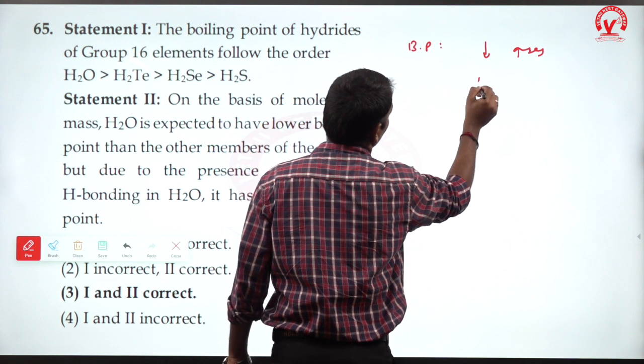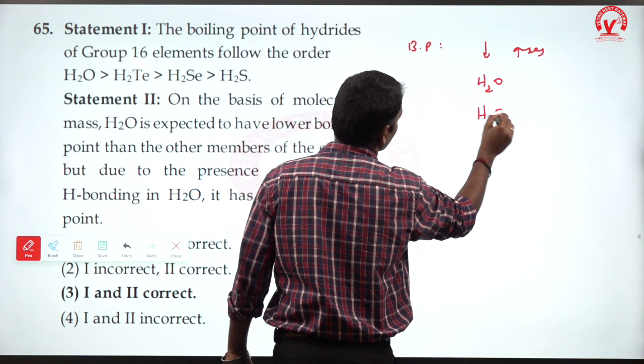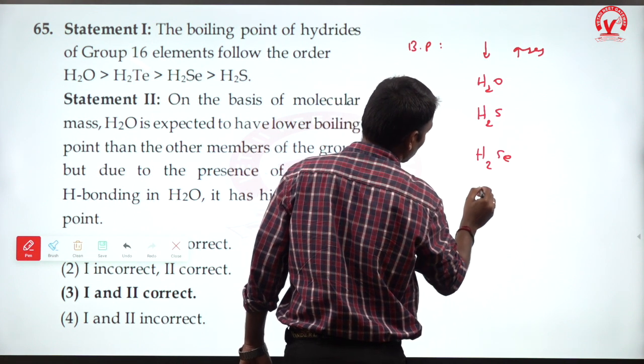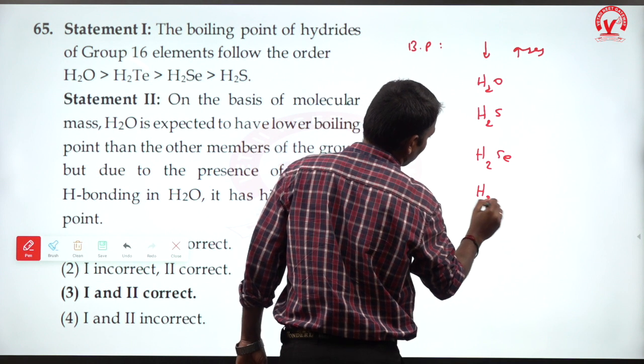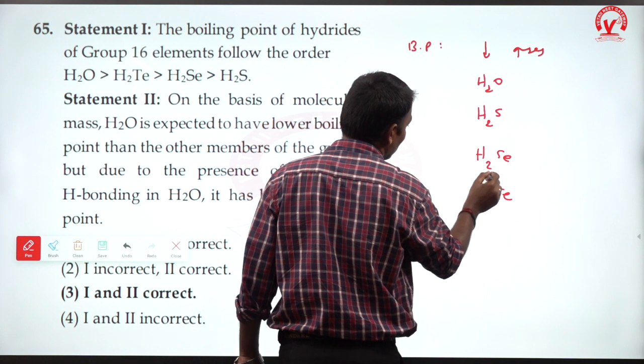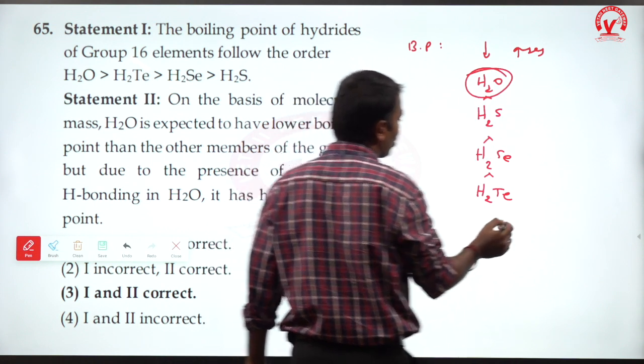If you take oxygen hydride H2O and H2S, H2Se, H2Te, top to bottom boiling point increases. We can take this as the correct order. But in H2O, intermolecular hydrogen bonding is there.